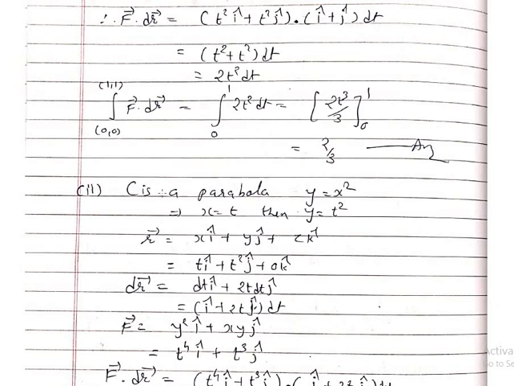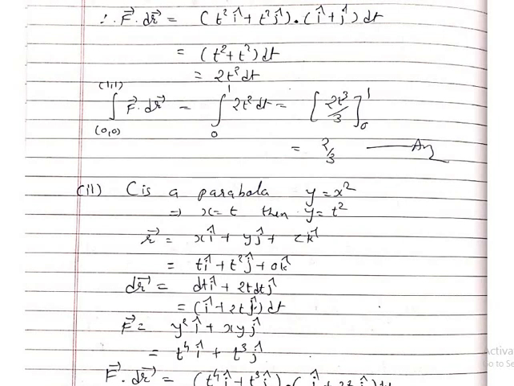Now the second equation, C is a parabola, y is equal to x square. So x is equal to t, then y is equal to t square. We are going to assume that x is t. Then if we put x is equal to t, we have y is equal to t square. If we put all these values in the position vector r bar, then r bar is equal to xi plus yj plus zk.